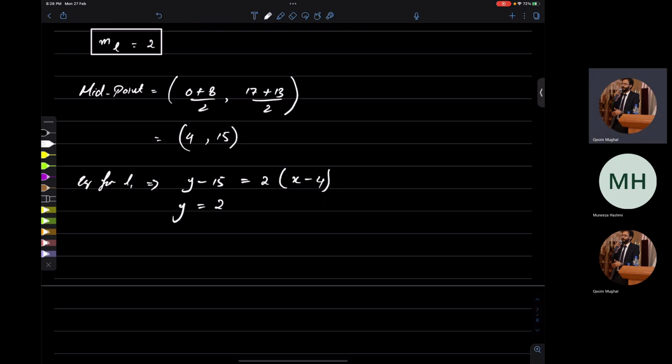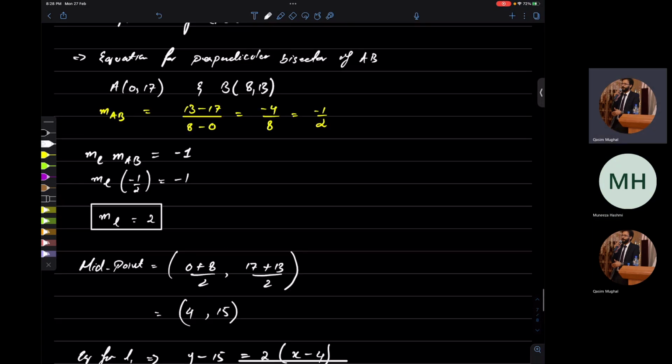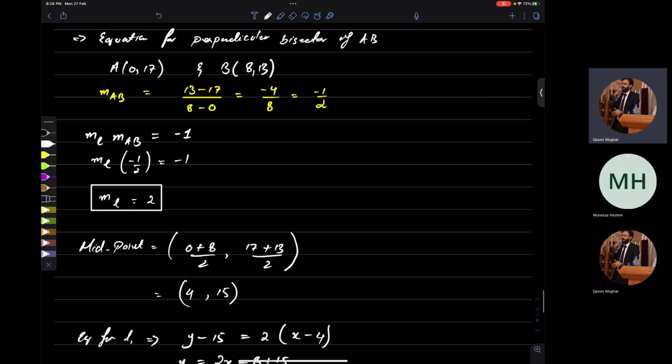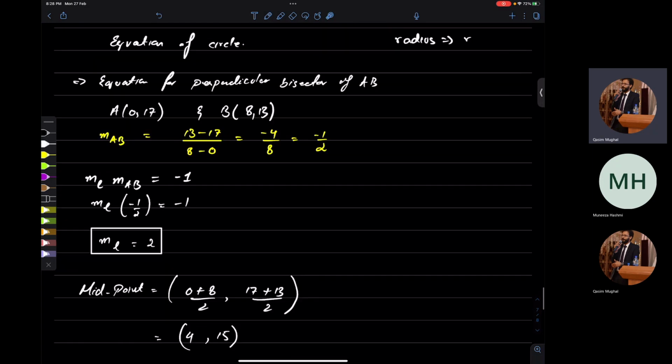So y is equal to 2x minus 8 plus 15, and y equals 2x plus 7. So that is the equation for L1. Got it? Yes, sir.